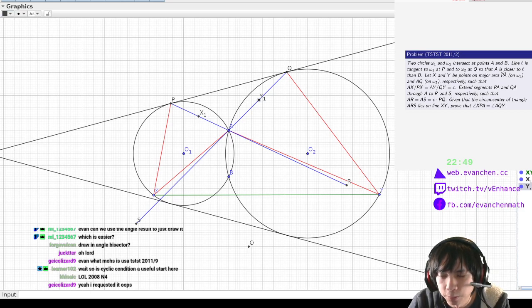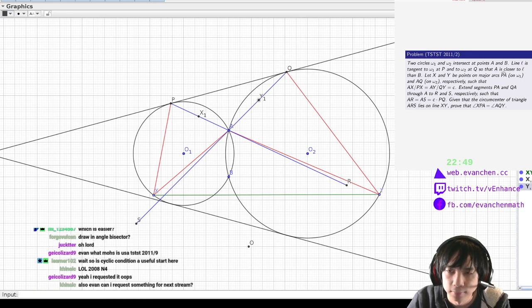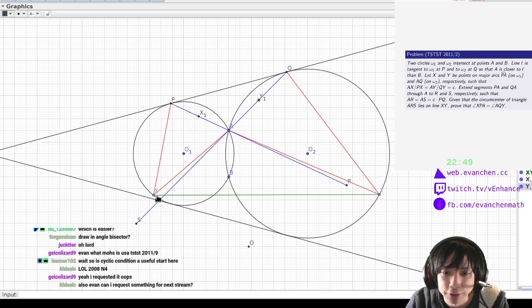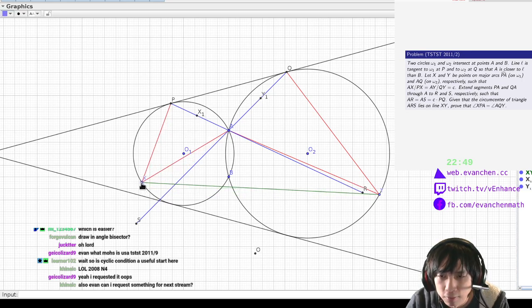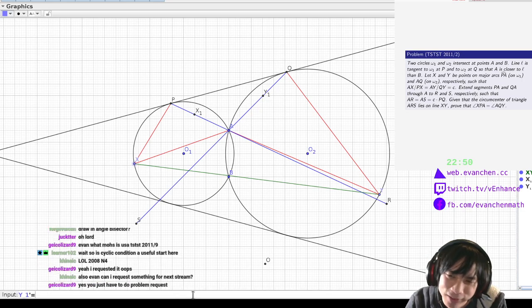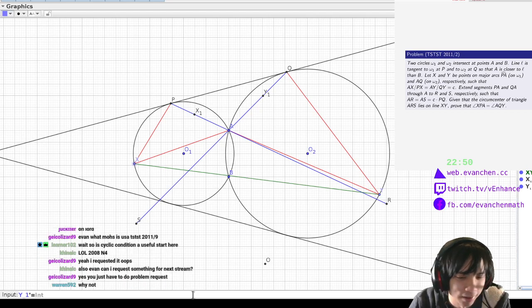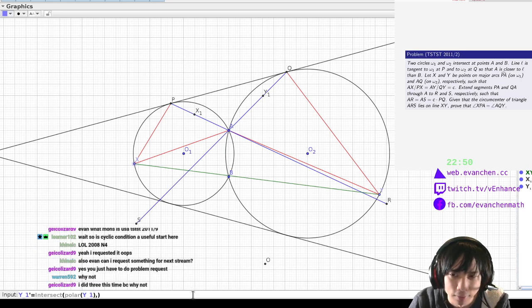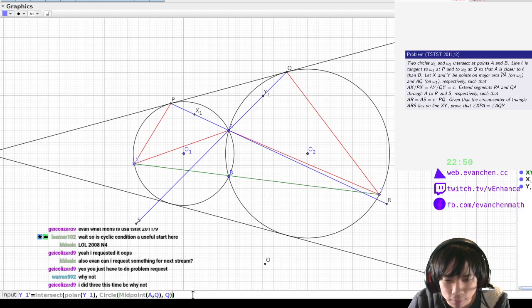Okay, so Y is supposed to be the point that intersects. So I would like to construct the harmonic conjugate of y1, and I can do so by intersecting the polar of y1 with respect to the circle centered at the midpoint of AQ passing through Q. Take that polar and intersect it with line AQ.